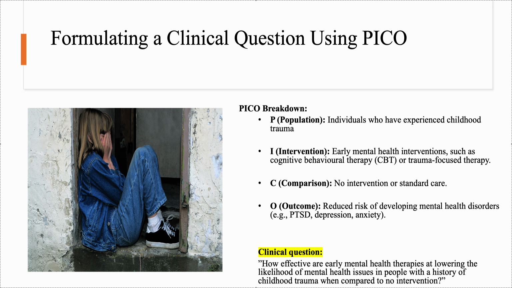For my topic, the population is individuals who have experienced childhood trauma; the intervention is early mental health interventions such as cognitive behavioral therapy or trauma-focused therapy; for comparison, no intervention or standard care; and lastly, for outcome, we have reduced risks of developing mental health disorders, for example PTSD, depression, or anxiety.